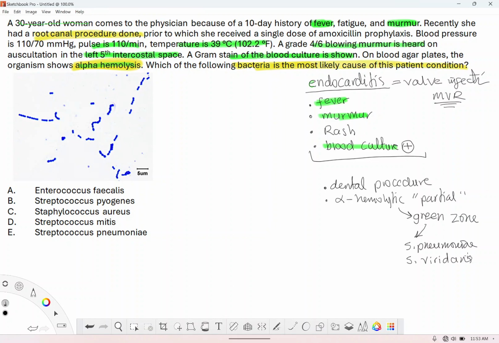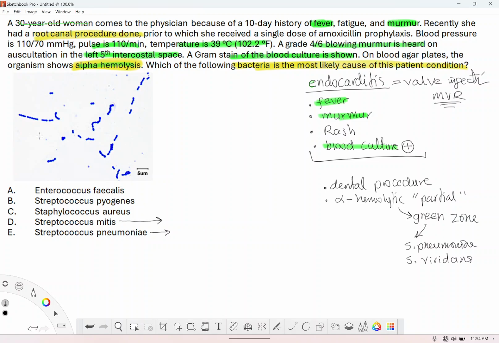At least we have those two in our question. We have Strep pneumoniae, and Strep viridans is not listed, but Strep viridans is a family, and one of its members is Streptococcus. So what do you see on the gram stain?